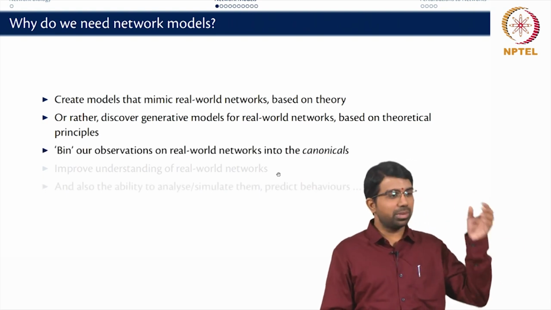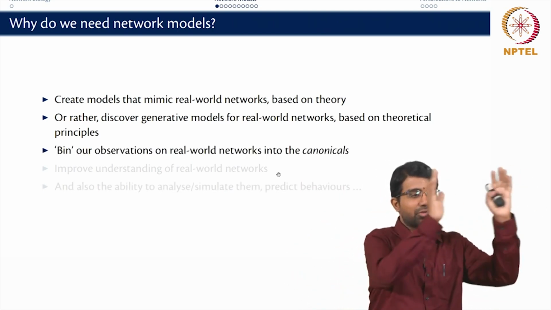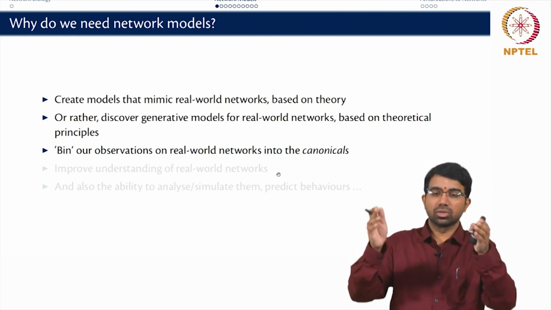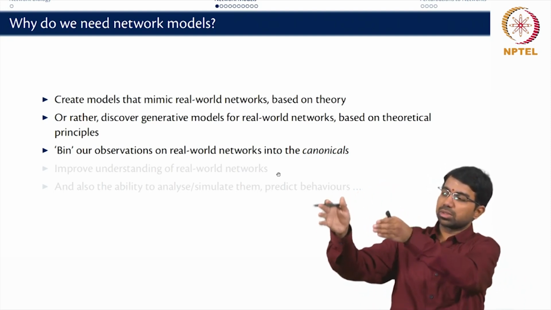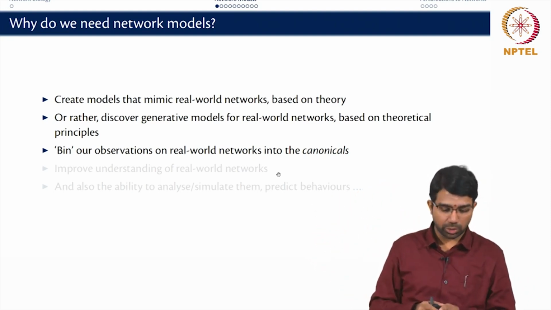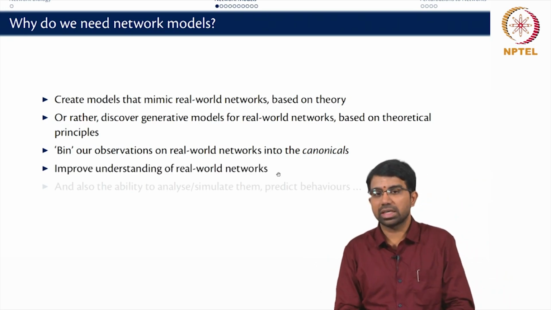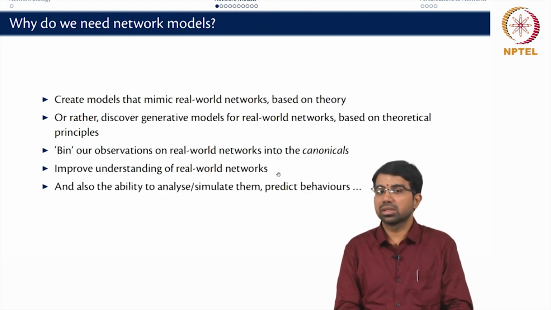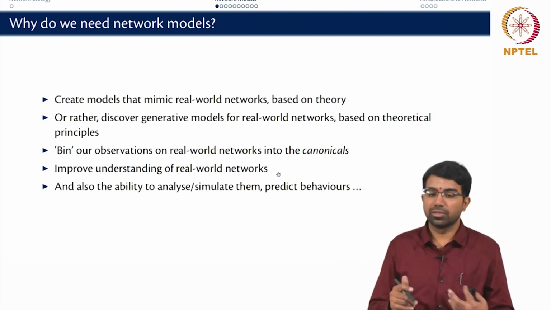And we always like to bin our observations into some canonicals. Oh, this is one class of networks, this is another class of networks. So, my network looks like this class A, the other network looks like this class B network, and so on. This will obviously help us to improve our understanding of real world networks and also the ability to analyze, simulate them or predict how they perform in different scenarios.